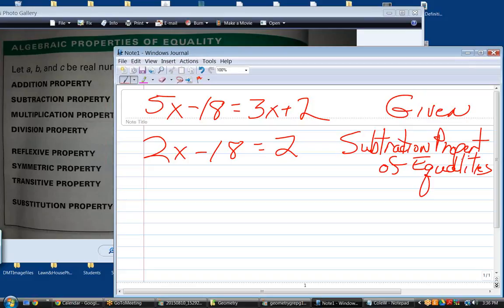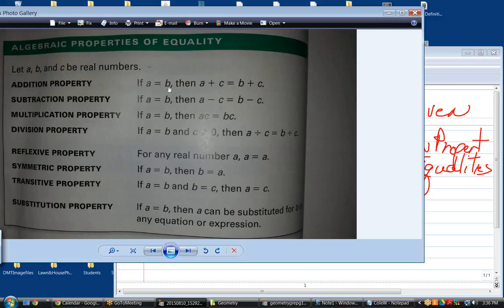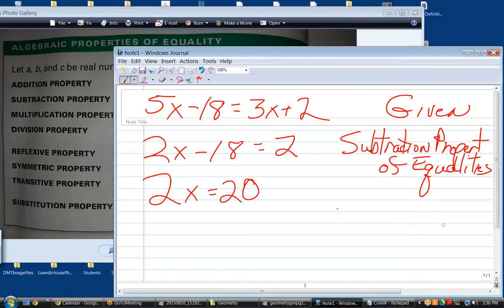All right. The next step, I would add 18 to both sides to get this. And my rationale for that is the addition property. So, in other words, the way two-column proofs work is you work through the solution on the left side and you give the reason on the right. And that's what makes them so difficult. We did worksheets like this in algebra.